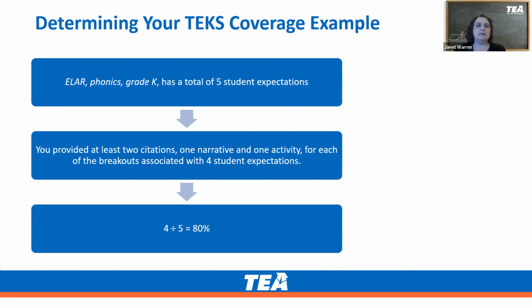If you provided at least 2 citations, 1 narrative and 1 activity, for each of the breakouts associated with 4 of the student expectations, then you would divide the total of the SEs you provided citations for, which is 4, by 5, which is the total number of student expectations, and you'll get 80.